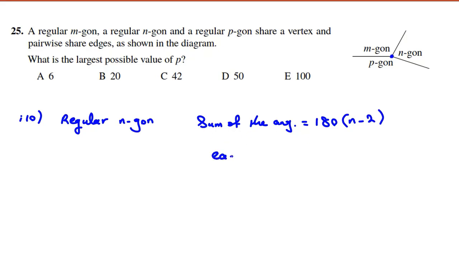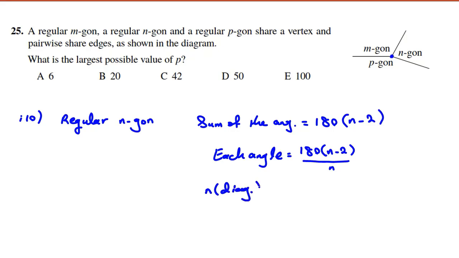Each angle, because it is a regular n-gon, you can divide by n: 180 times n minus 2 over n. The number of diagonals equals n times n minus 3 over 2, because each vertex is connected to n minus 3 other vertices. Then you count each diagonal twice, and it will be this.